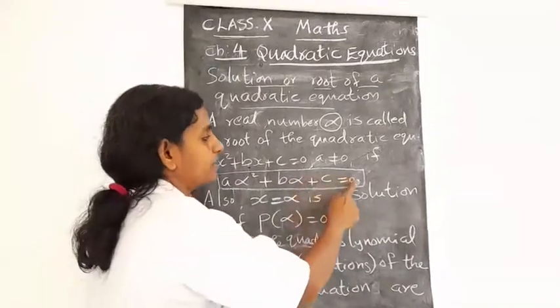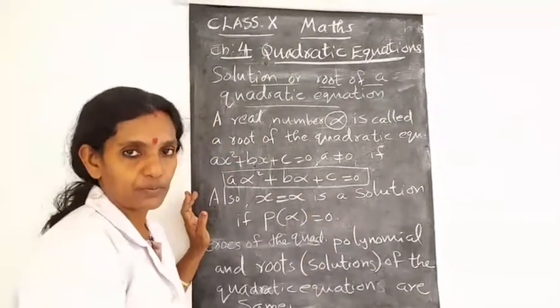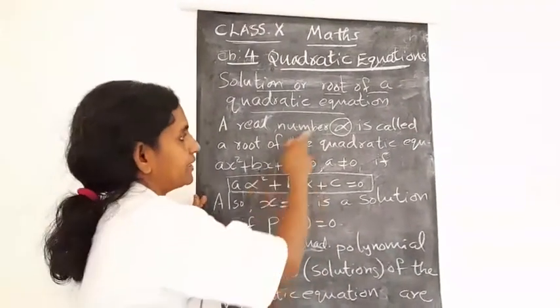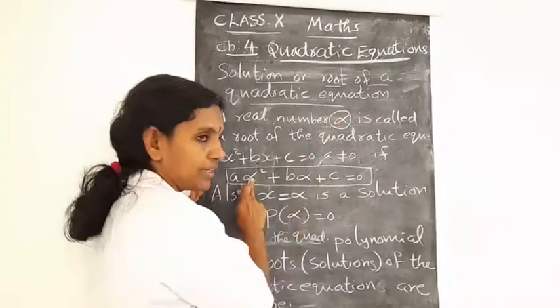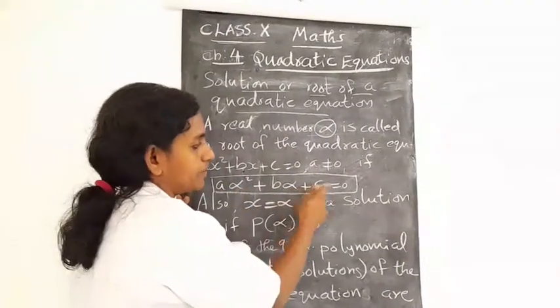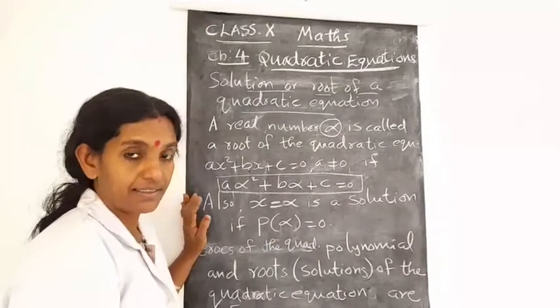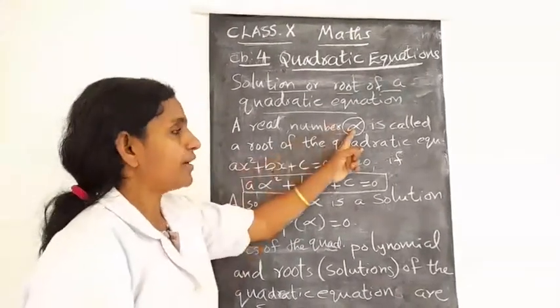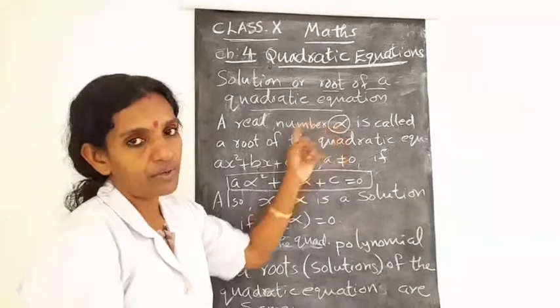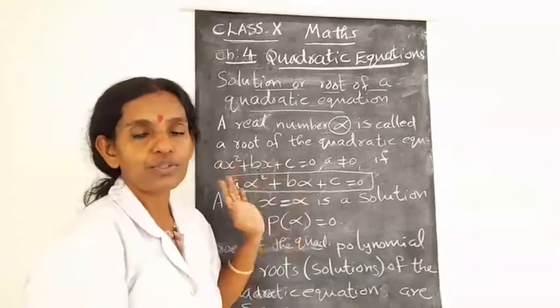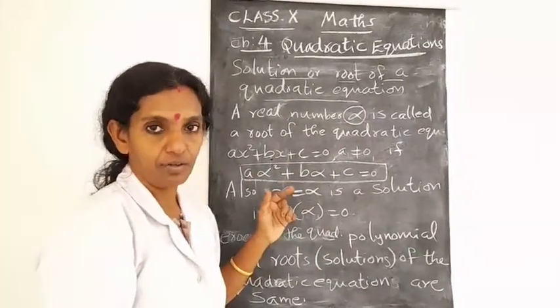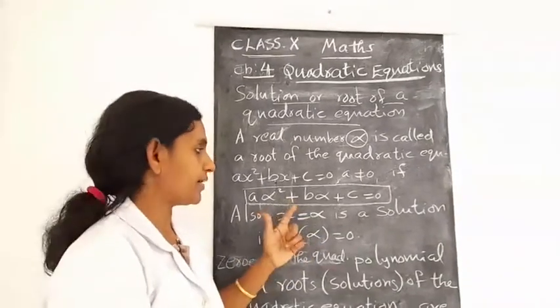That is, LHS becomes equal to 0, LHS becomes equal to RHS. Then we can say that alpha is a root or solution of the quadratic equation.